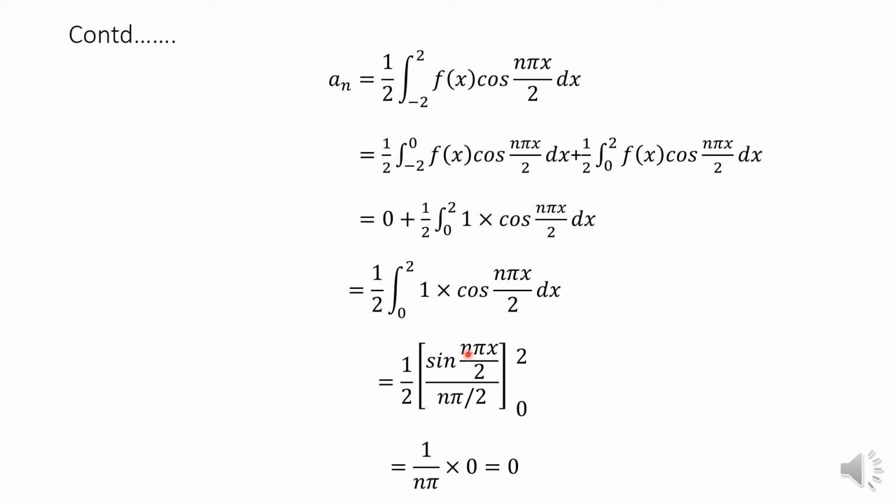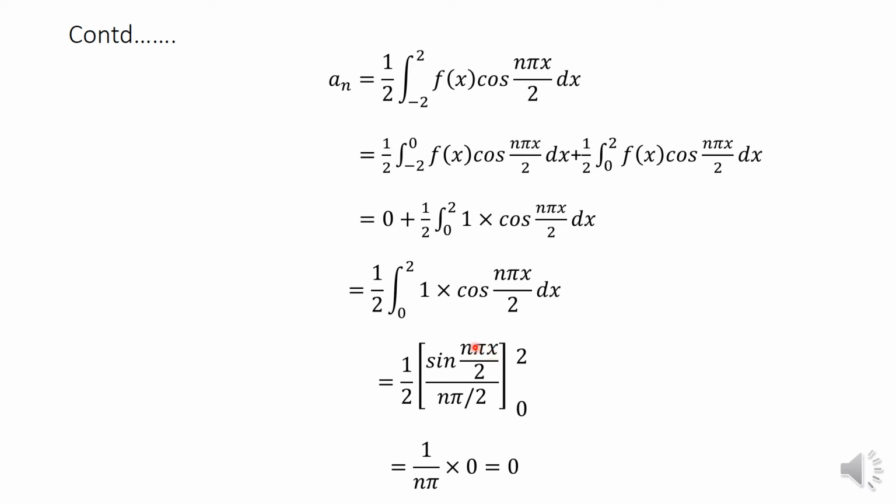Do you remember what is the value of sin n pi? Remember, sin n pi is 0 for all n. Whatever may be the value of n, sin n pi is 0. Therefore the upper limit value is 0. Now put the lower limit, x equal to 0. We get sin n pi into 0 by 2, so finally we get sin 0.